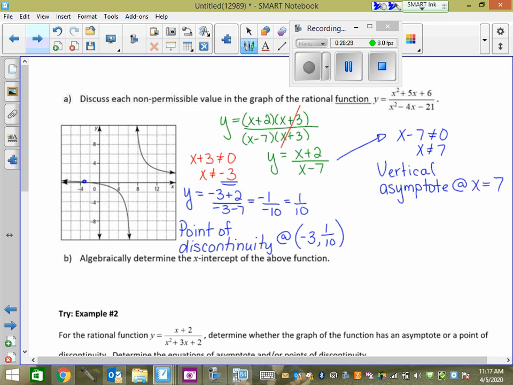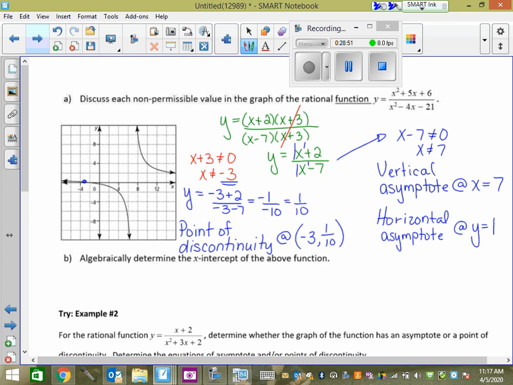Then I use my rules. The degree of the numerator is the same as the degree of the denominator, so I take a fraction of their leading coefficients. So my horizontal asymptote is at y equals 1.